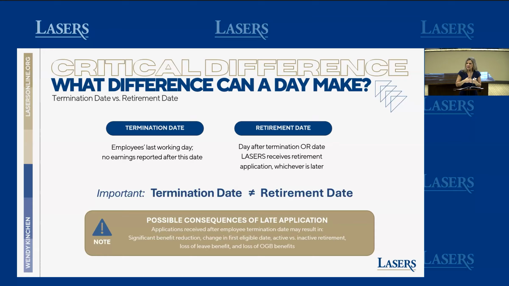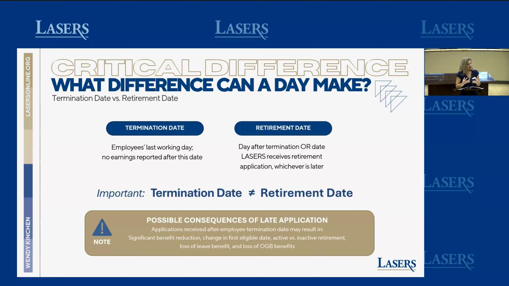Again, as long as LASERS receives that application prior to the termination date, then the effective date of retirement will be the day after the termination date. Unless otherwise, there are some exceptions to every rule.